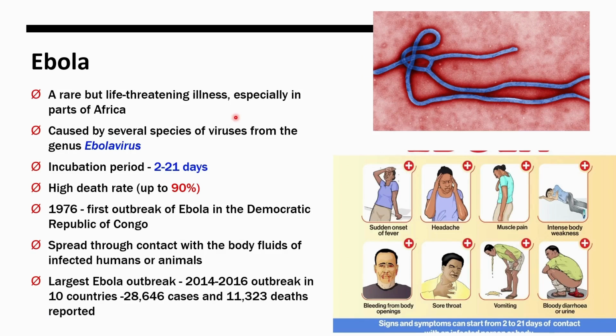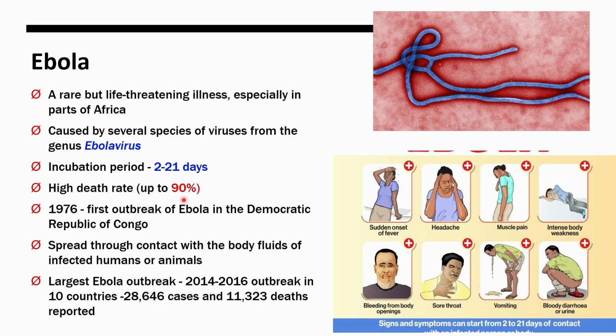So Ebola is the best example of the hemorrhagic fever. It's a very rare but life-threatening illness, specifically found in different parts of Africa first. It is caused by several species of Ebola virus. The incubation period is usually 2 to 21 days, but the death rate is up to 90%.